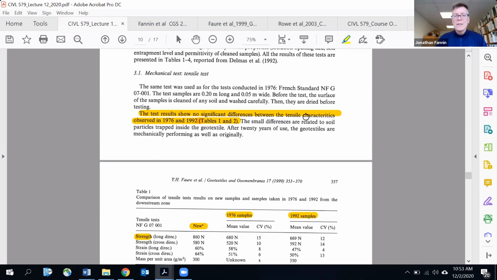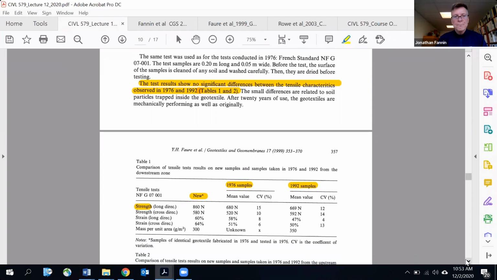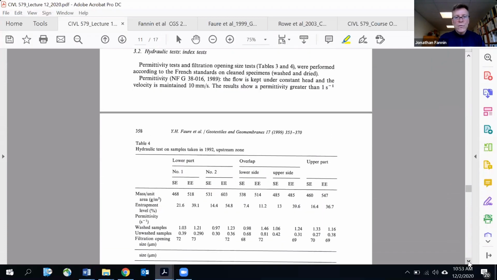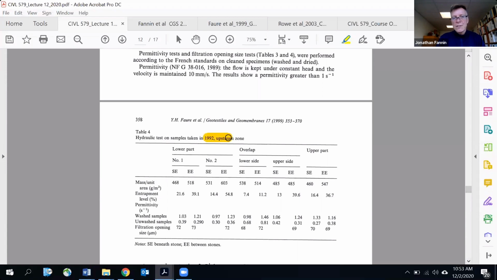Let's go to the second of 3 claims. And that's to do with tables 3 and 4, not strength, but hydraulic. And there are data on permittivity and data on opening size. And those are for the 1992 in the downstream zone, that's table 3. And then if we go over the page, there's table 4, 1992 in the upstream zone. And information on permittivity and information on filtration opening size.